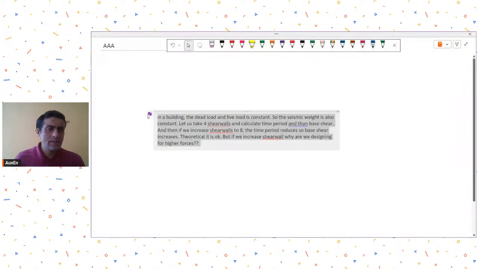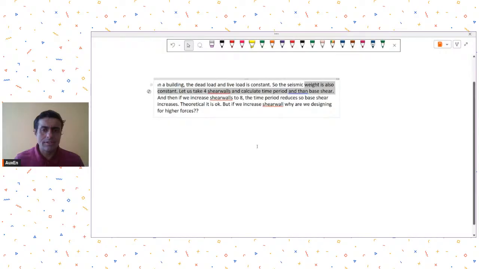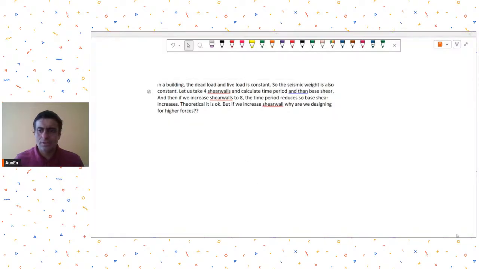So he's saying in a building, the dead load and live load is constant. So the seismic weight is also constant. Let us take four shear walls and calculate the time period and then base shear. And then if we increase the shear walls to 8, the time period reduces. So base shear increases. Theoretically, it is okay. But if we increase shear wall, why are we designing for higher forces?